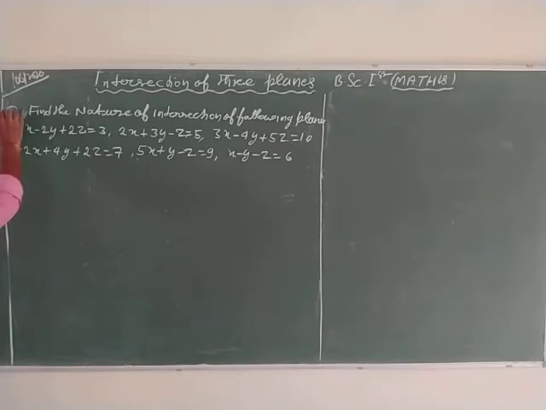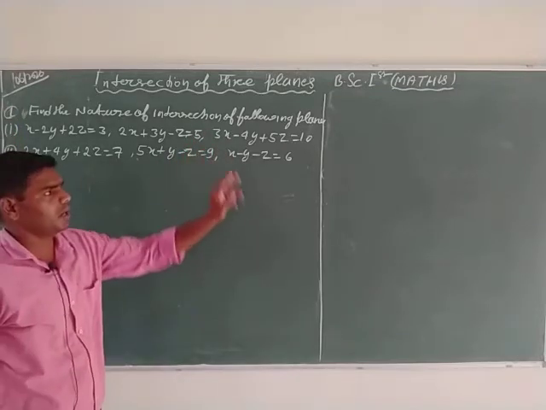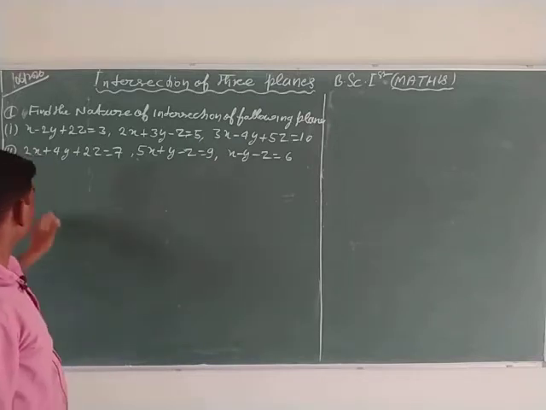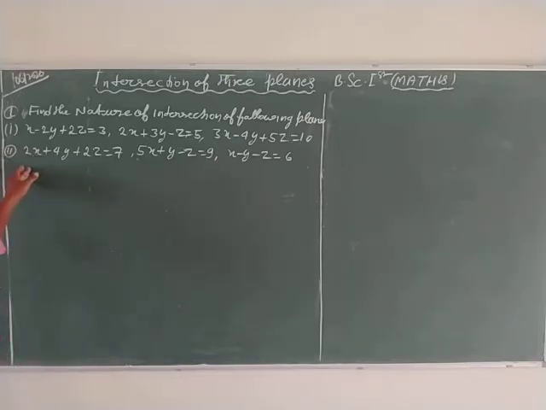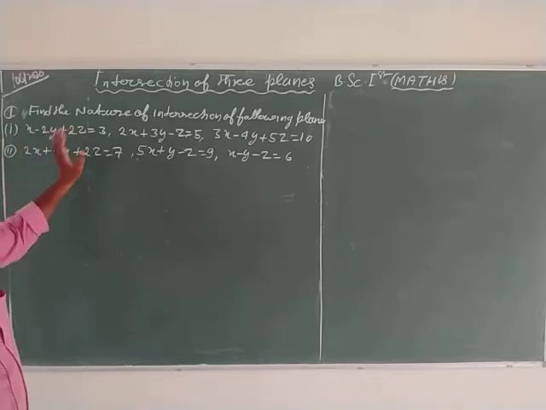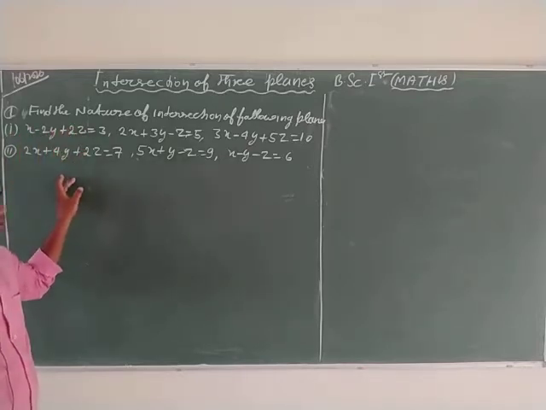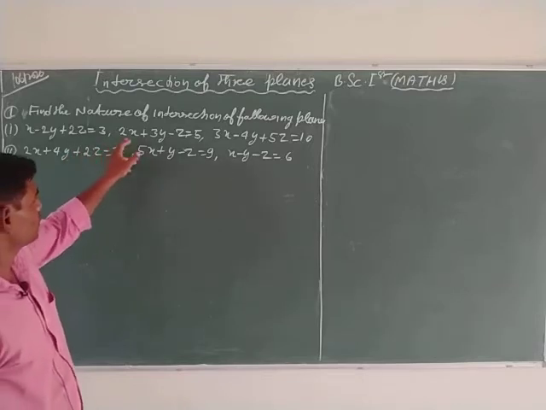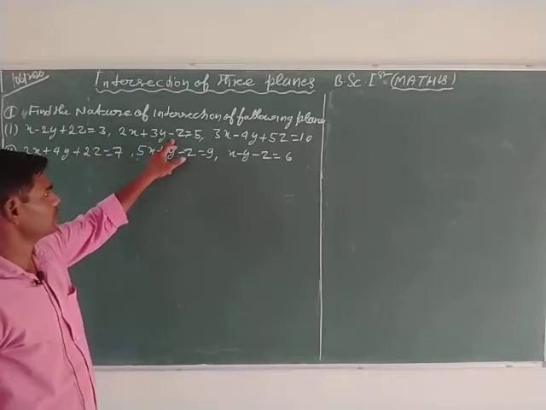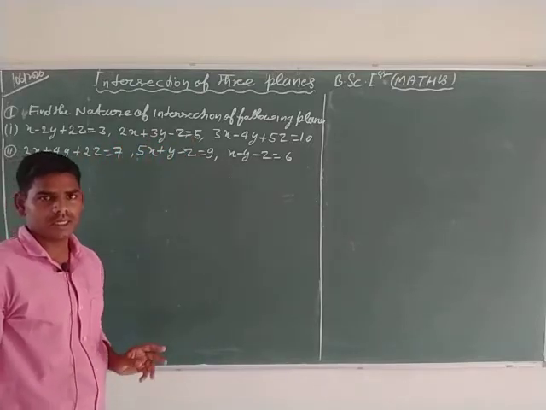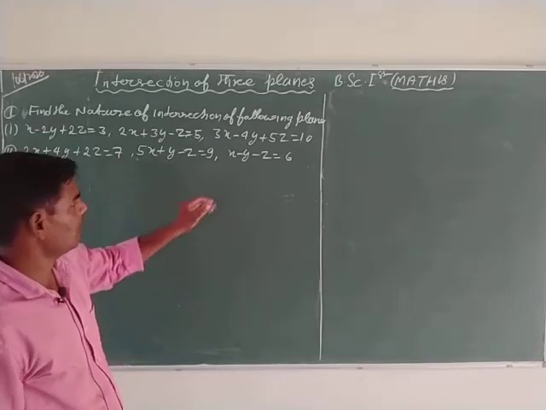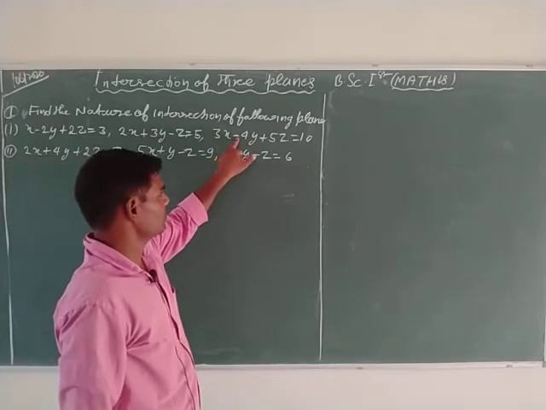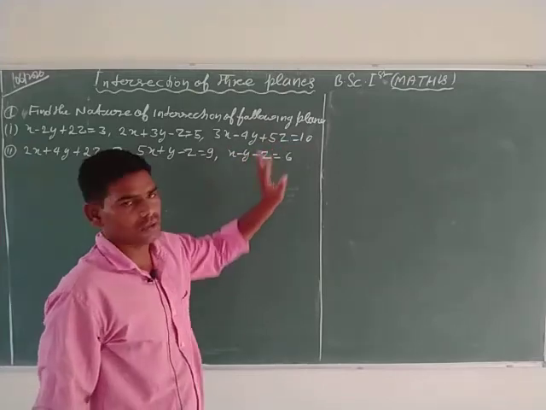In the first question, find the nature of intersection of the following planes. Here two sets of planes are given. x minus 2y plus 2z is equal to 3 is the first plane of the first set, 2x plus 3y minus z is equal to 5 is the second plane of the first set, and last, 3x minus 4y plus 5z is equal to 10.